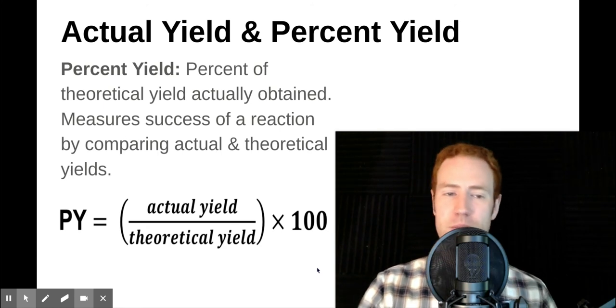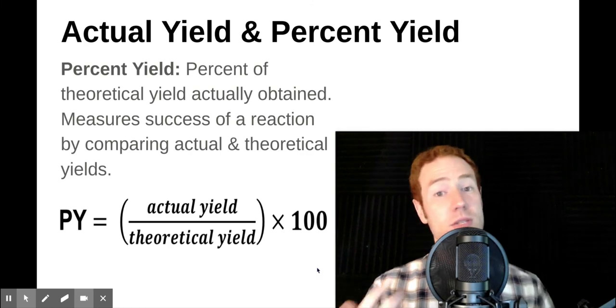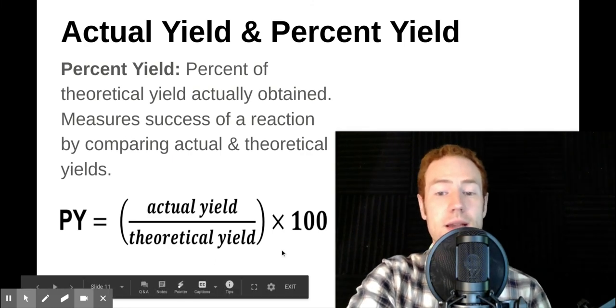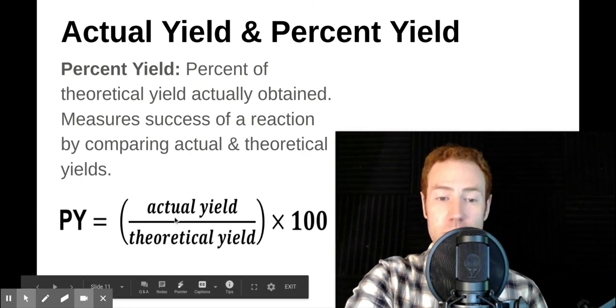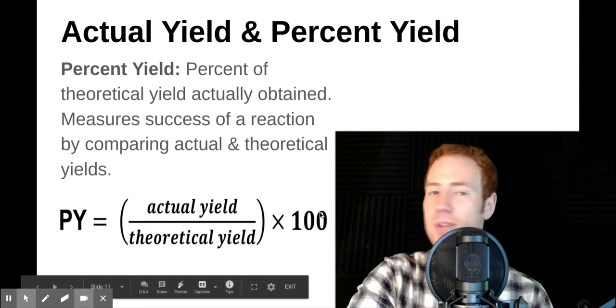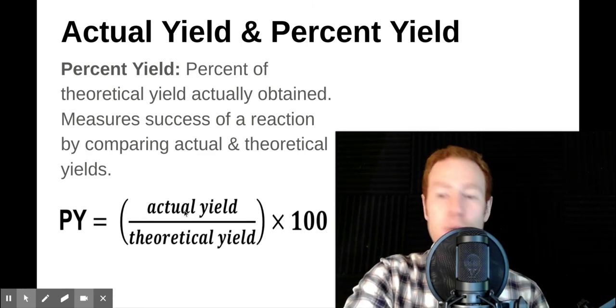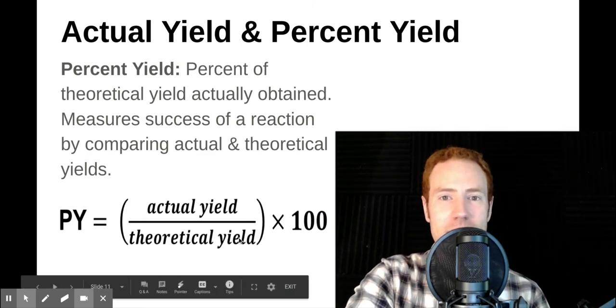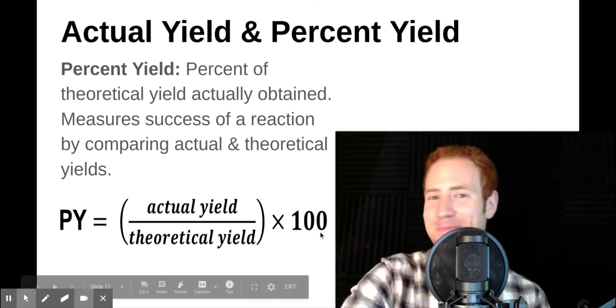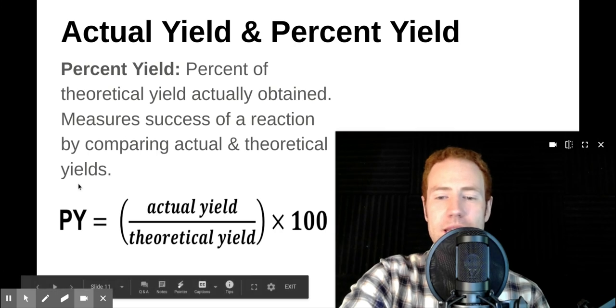So it's literally just the percent of the theoretical yield that you actually obtained. If you ever need to calculate percent yield, you would do it using this equation: actual yield divided by theoretical yield times 100. It's very simple. Sometimes people say percent yield is equal to what you got divided by what you should have got times 100. That works too.